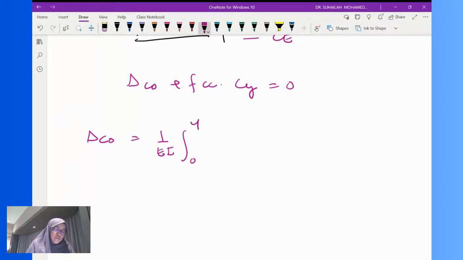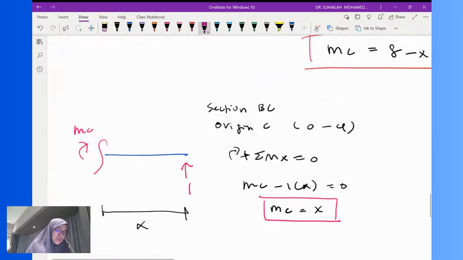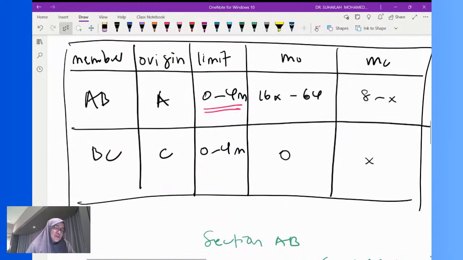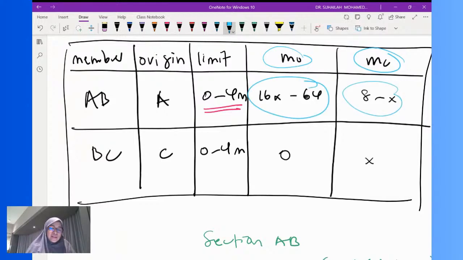From 0 to 4. So refer back to the table for member AB. It is M naught times MC, and MC square. So we have to times these two and integrate. MC is 8 minus X and M naught is 16X minus 64.